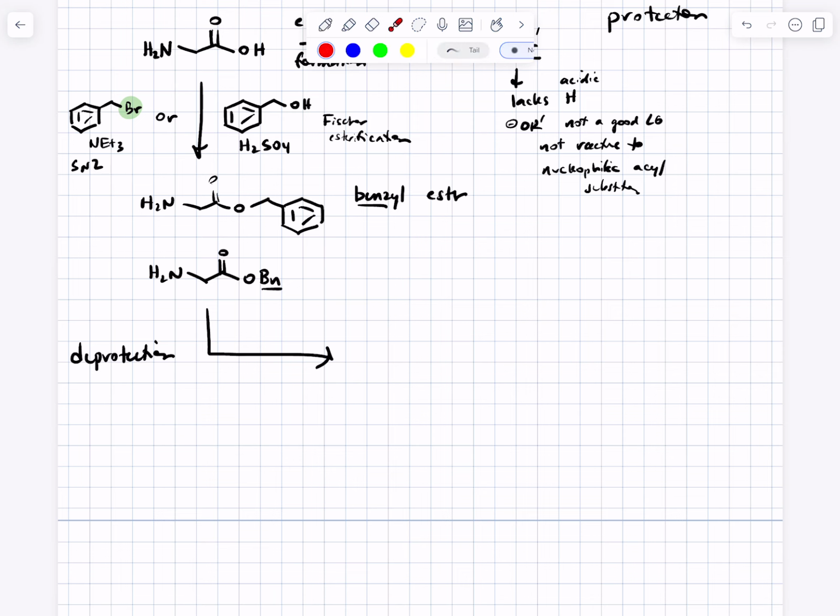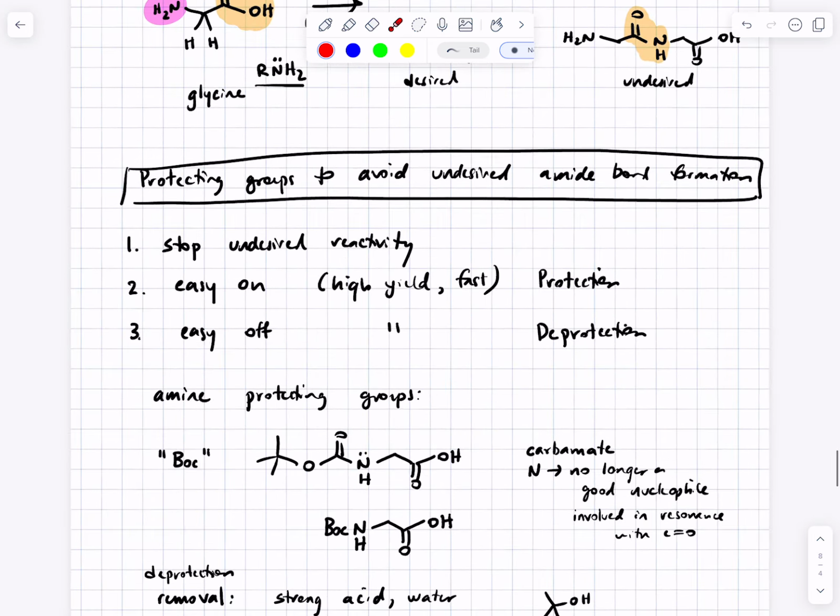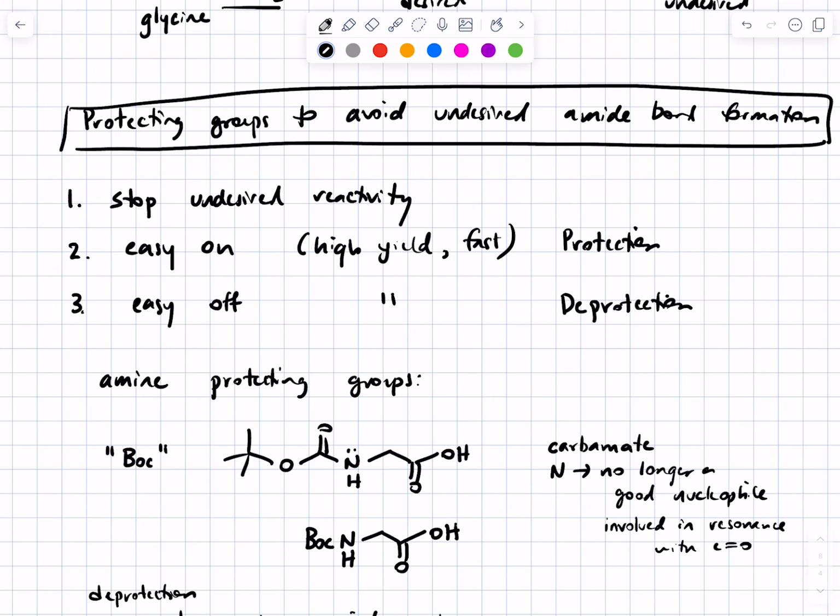You could add OH minus, and that would attack the carbonyl carbon, and then the leaving group would leave. That's ester saponification, which we've talked about before. Ideally, though, as I said, for protecting groups, easy on, easy off. If we can, we want to use mild conditions.